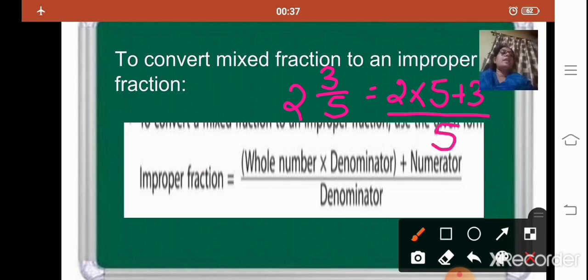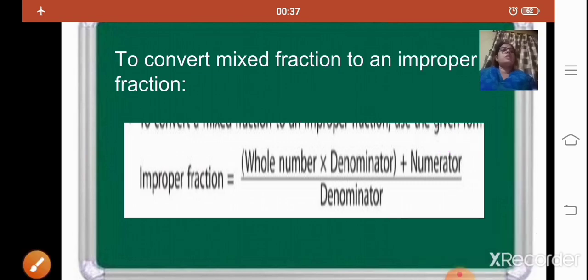So 2 5s is 10, and 10 plus 3 is 13. So my improper fraction will be 13 upon 5. This is the formula which you have to use to convert a mixed fraction to an improper fraction.